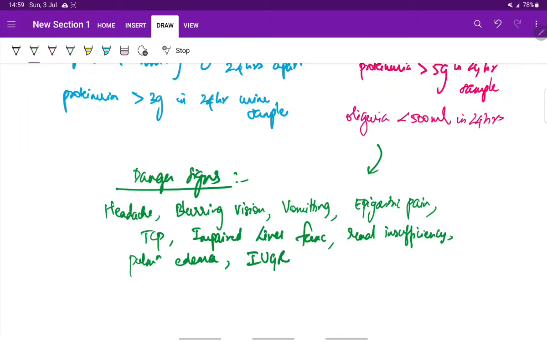So these are all some of the danger signs seen in severe preeclampsia. We will see the reason for each one of this in our pathogenesis and clinical features.